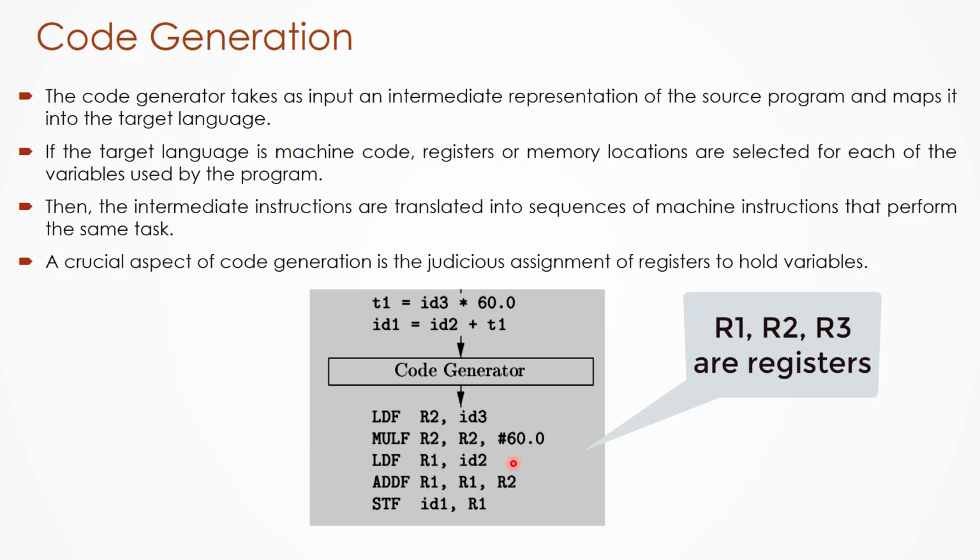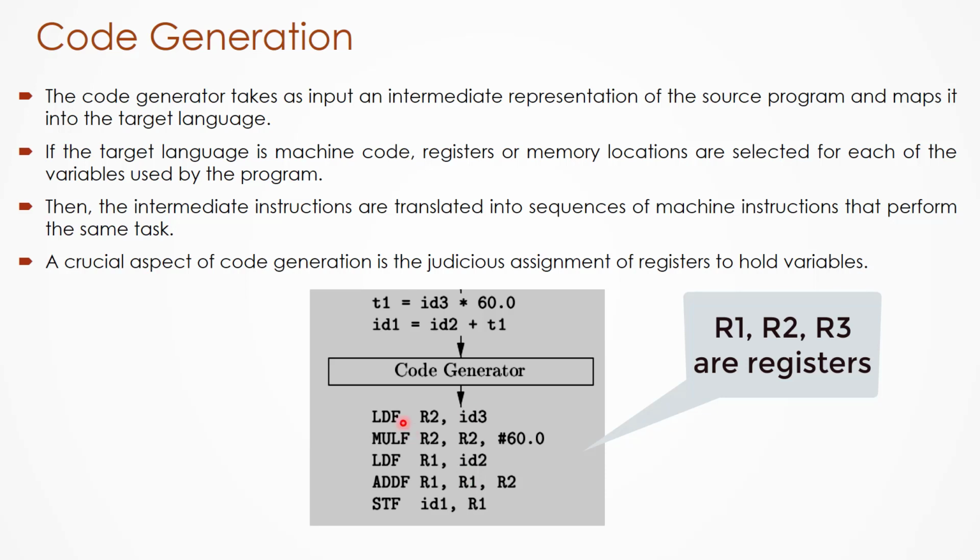The crucial aspect of code generation is the judicious assignment of registers to hold variables. So here this is actually a 3-address code which is converted to assembly level language. Assembly level language will be in the form of mnemonic codes.